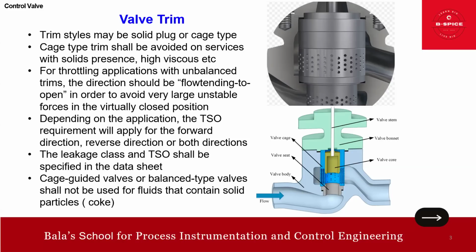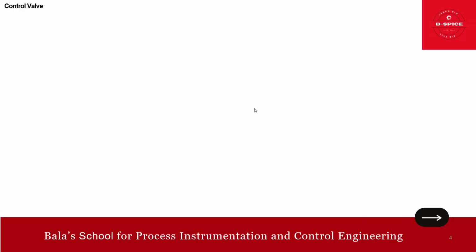So here the point is that the balanced type valve or cage guided valve shall not be used for fluids that contain solid particles. Because, again, you get clogged here, the cage guided, and balanced also, you have holes also, right? So that is also another challenge actually. I will talk more on this next slide, okay?